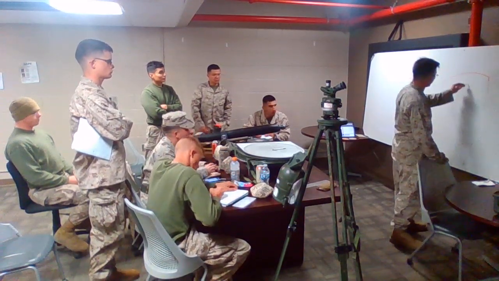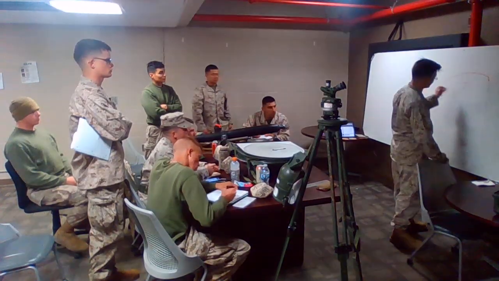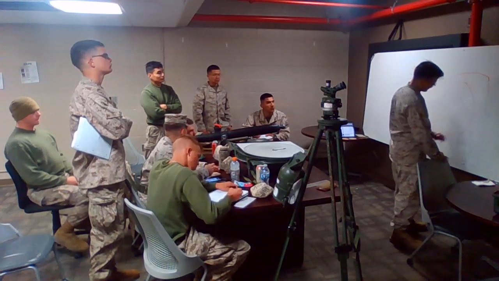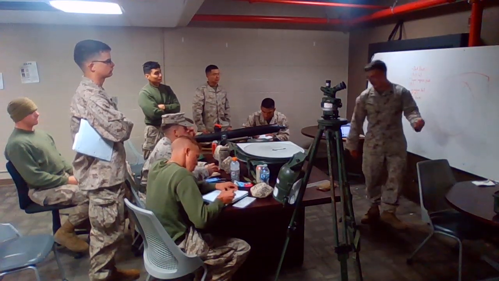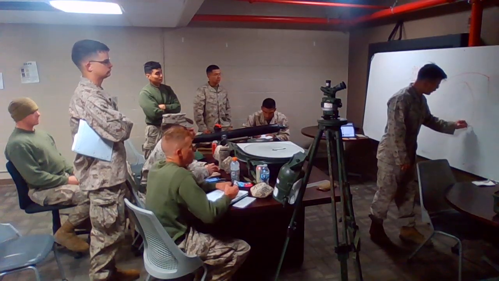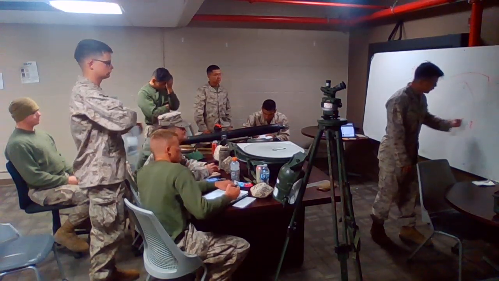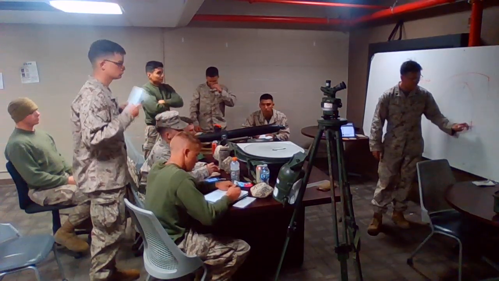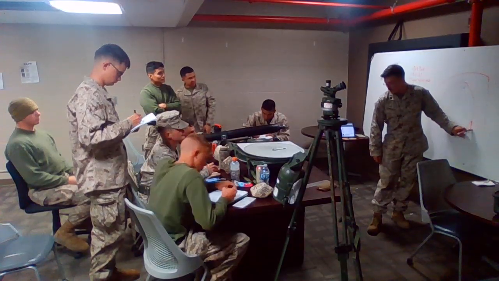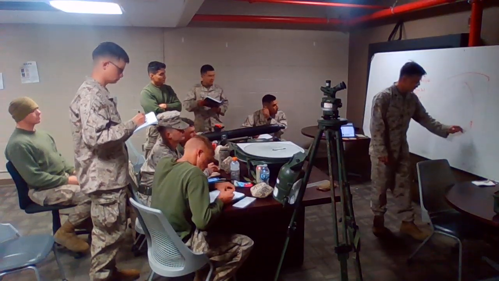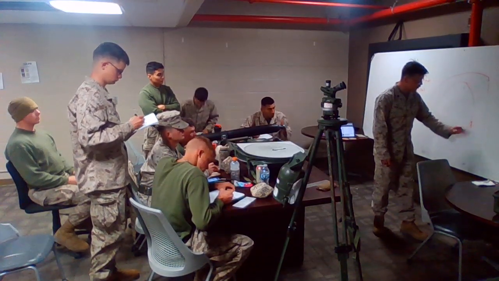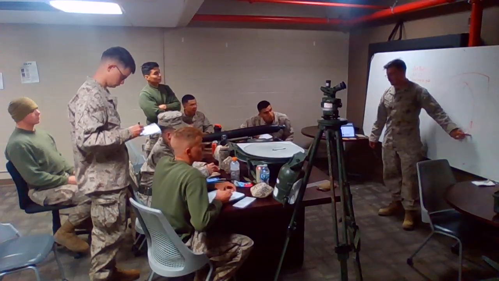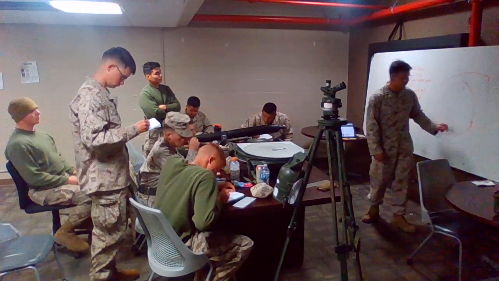This is my board, this is my azimuth disc. In my bottom right corner here, I'm going to have my 81mm mortar symbol. I'm going to have space beside it so I can put the grid for it whenever I receive it. Then I'm going to have my FO symbol with space behind it so that way I can put the grid.